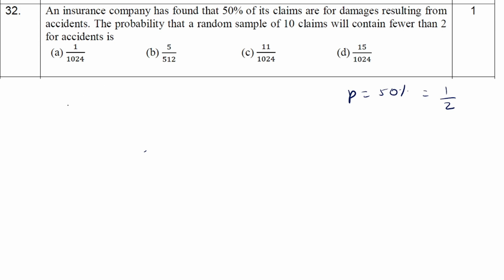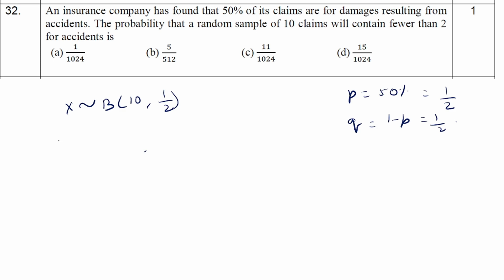So x follows binomial 10, half, where n is 10 and p is half. So if p is half, then q is equal to 1 minus p, that is also equal to half.